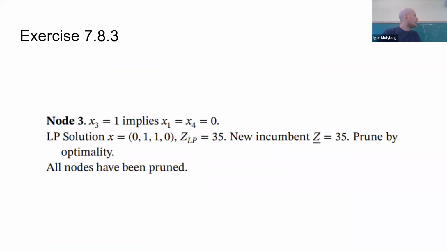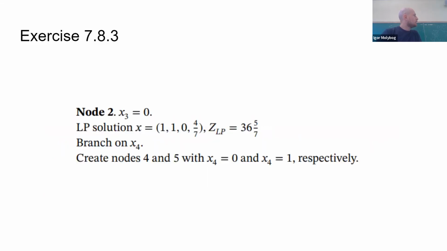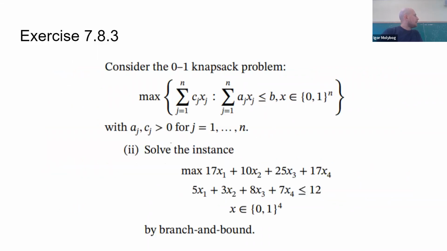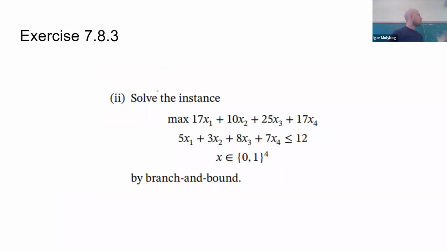I would say that here in node 3, it's important to note that, strictly speaking, if you were to follow the exact algorithm, you would need to actually still branch node 3, because here our value x3 is equal to 1.